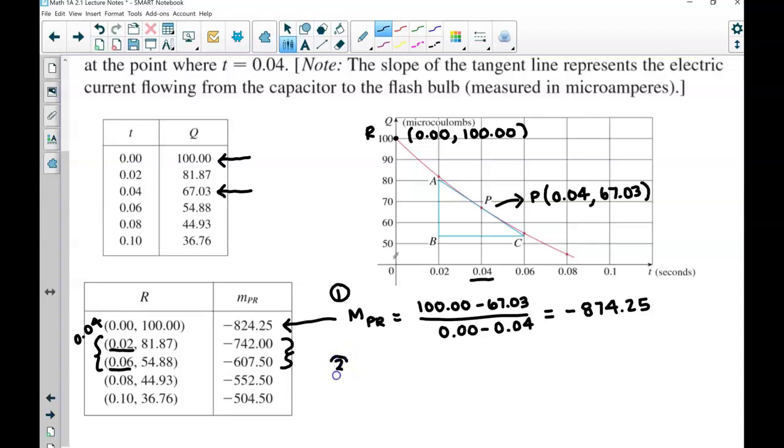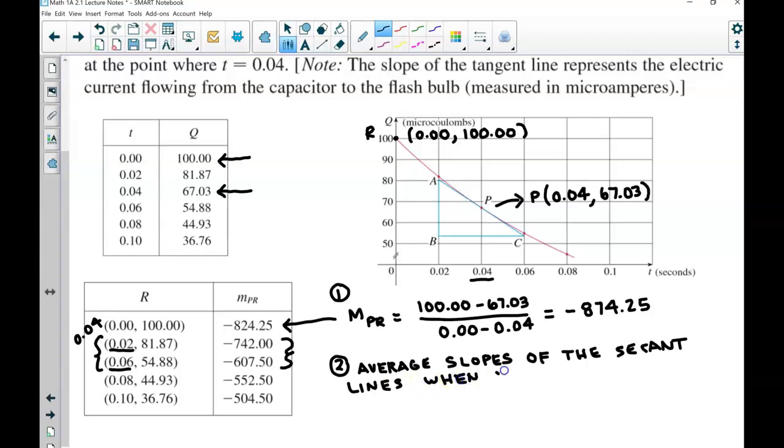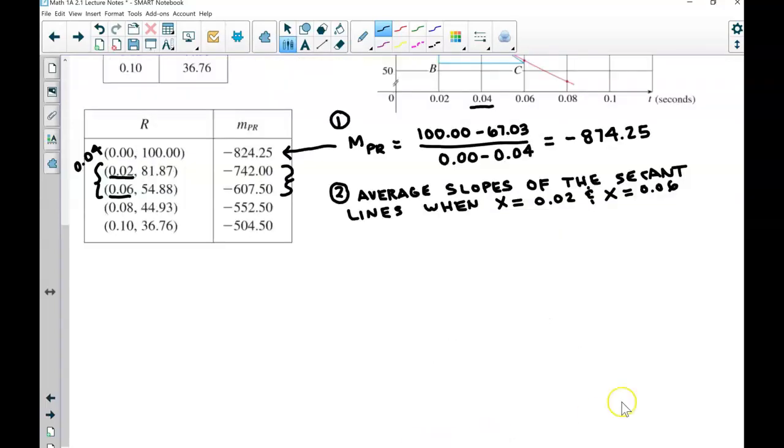So we're going to find the average slopes of the secant lines when x is equal to 0.02 and x is 0.06, because again we note that 0.04 is in between those two values.